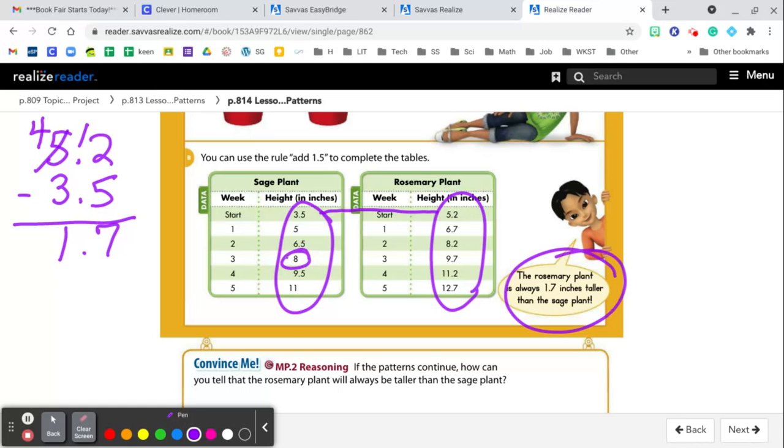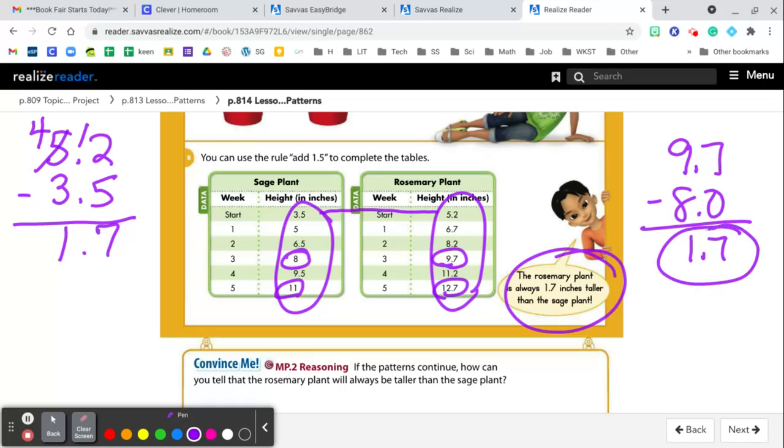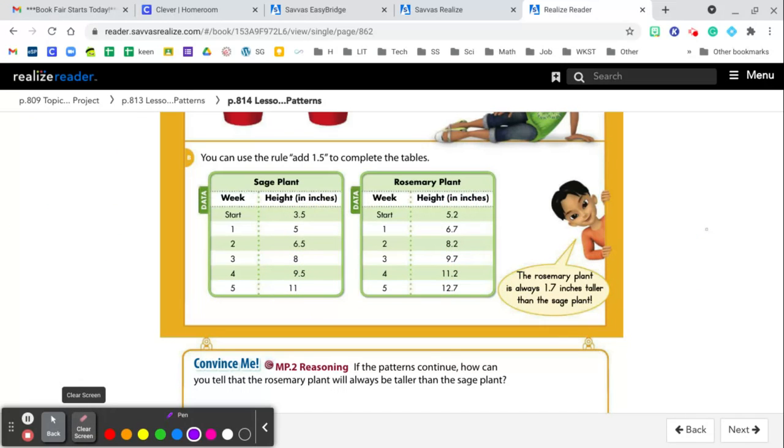So you could just say week 3: 9.7 minus 8.0 is 1.7. So if you compare the data across, you're going to find the constant is always a 1.7 inch difference. And you can always say that the rosemary plant is always going to be 1.7 inches taller than the sage plant. It's a general statement.